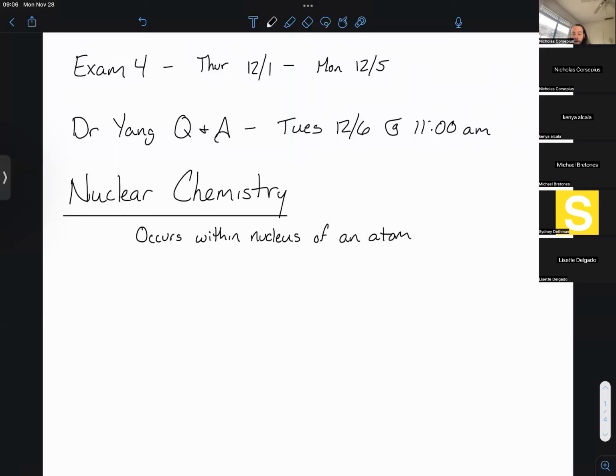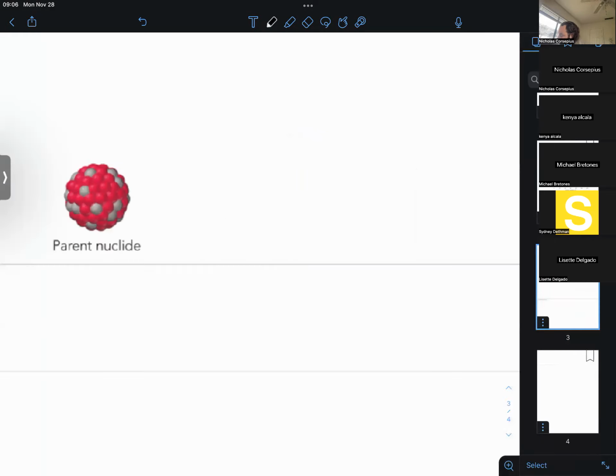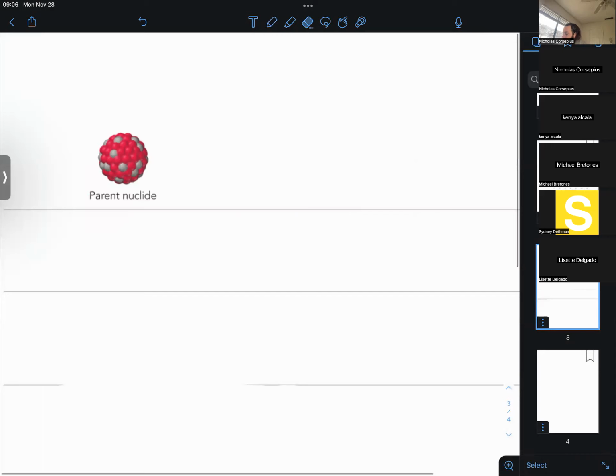Okay, so now we're not talking about the electrons. We're not talking about bonds between atoms. We're specifically focusing in on one particular atom and the chemistry that occurs within that particular nucleus. Just to give you a preview, we're going to have the nucleus of an atom, and a series of nuclear chemistry reactions where the nucleus of this atom changes.